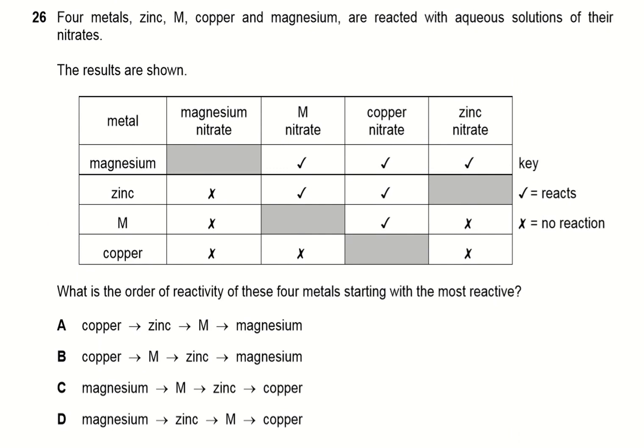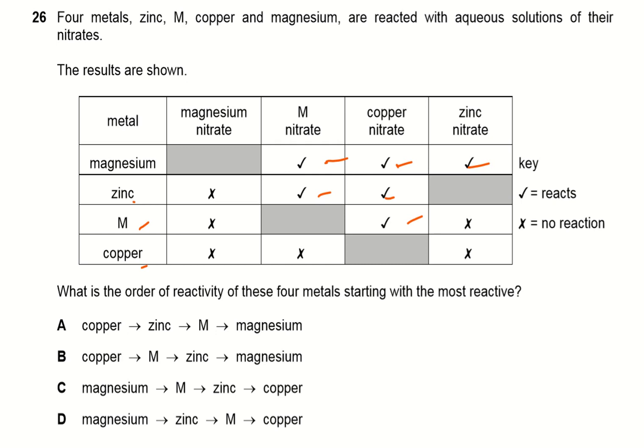Question 26. 4 metals are compared here, reacted with aqueous solutions of their nitrate. Basically, if you have a table like this, you are simply finding out the extent to which each of the metals is reactive. If you look at this, magnesium reacts with 3 things, zinc reacted with 2, metal M reacted with only 1, while copper reacted with none. The one that reacted with none is the least reactive.